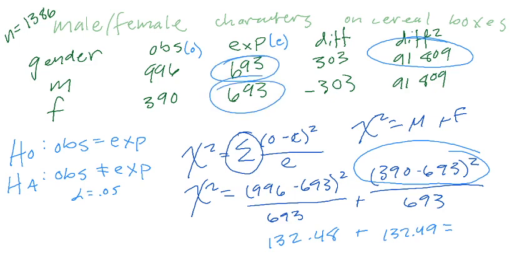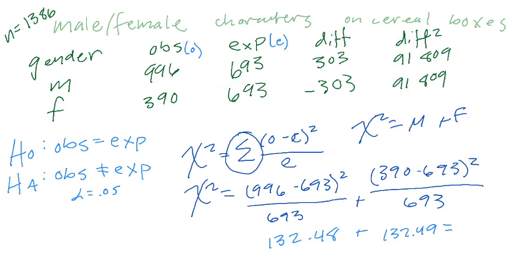So it's really the same calculation. All right, so we end up with a chi-squared value equal to 264.96.